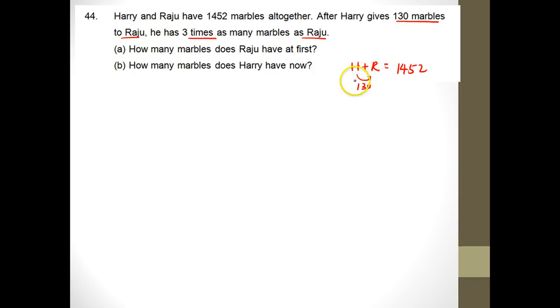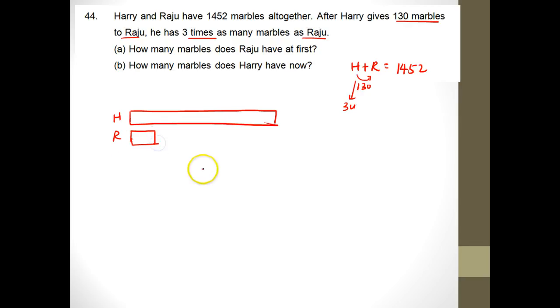So let's draw our model. Harry and Raju. I know that Harry has a lot more than Raju. Total they have 1,452. After Harry gives 130, I must minus here.